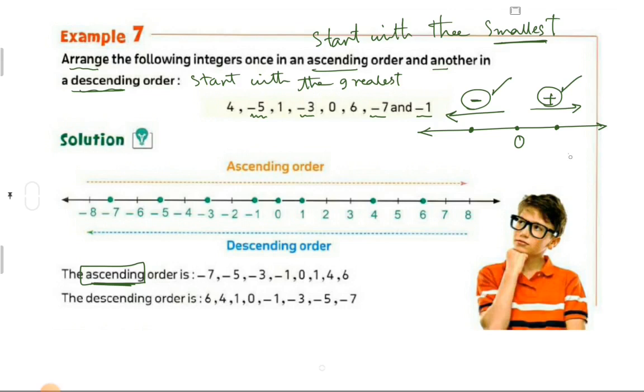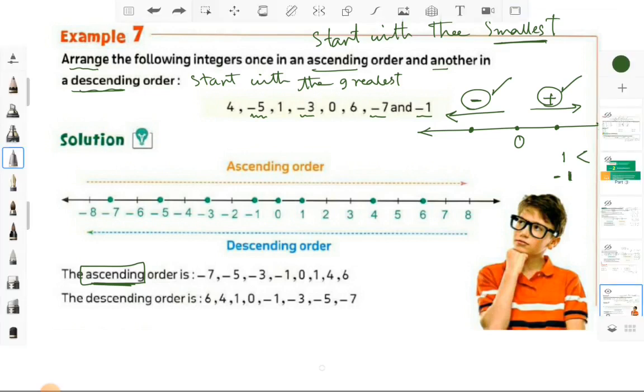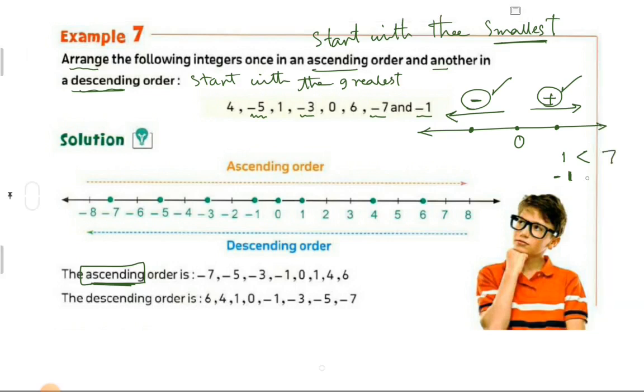We know that 1 is less than 7. But if we put the negative sign, what's the difference now? Negative 1 is greater than negative 7, because negative 1 is to the right of negative 7.